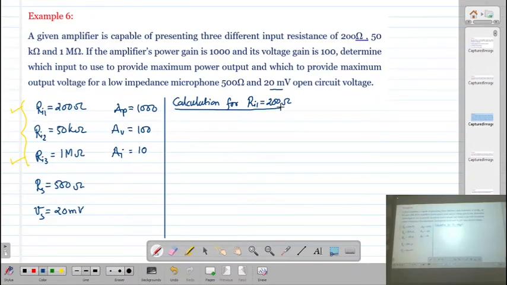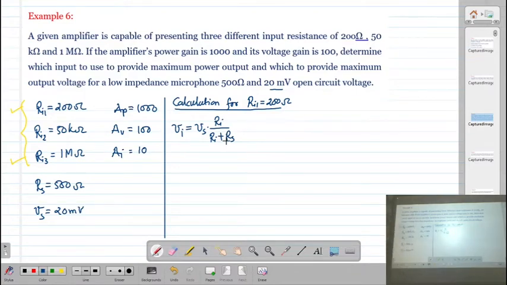So, to calculate this, we will have to calculate what is the input voltage, because I have to calculate the output voltage. So, for the output voltage, we should know what is the input voltage. So, input voltage of the amplifier, if you remember, just now we have discussed that this input voltage is given as Vs into Ri divided by Ri plus Rs.